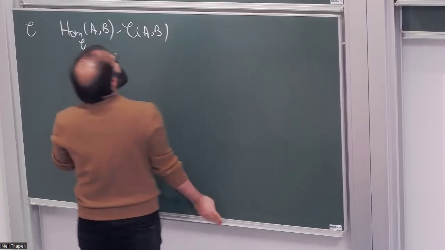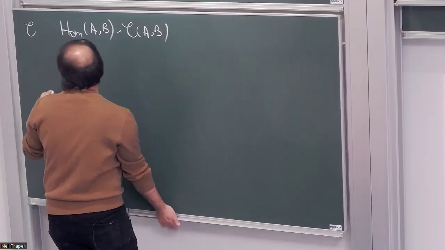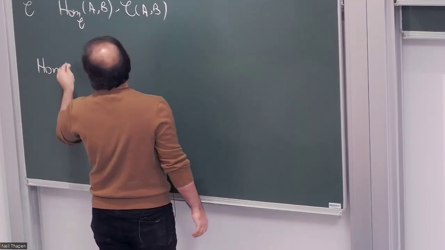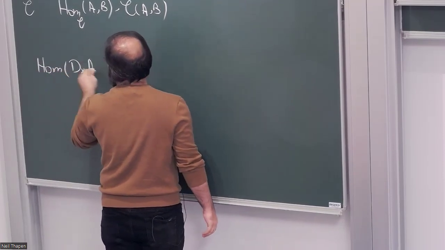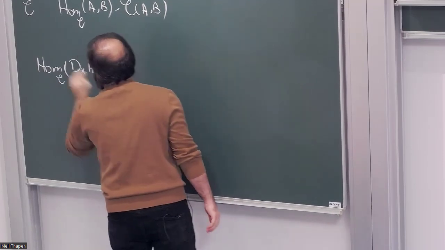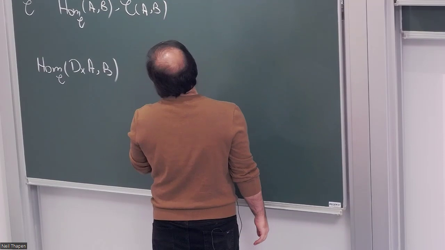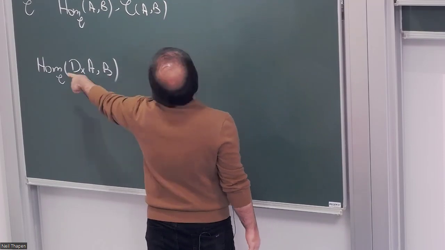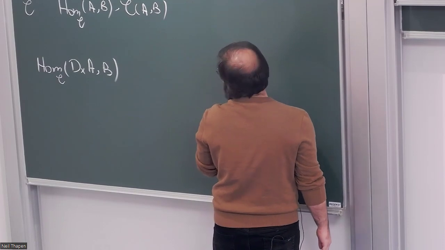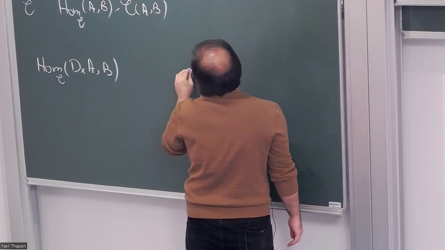So then what I'm saying is this. If you have a map from D times A to B in C, say, then for any map F here, I'm saying that there is another map G there, right?